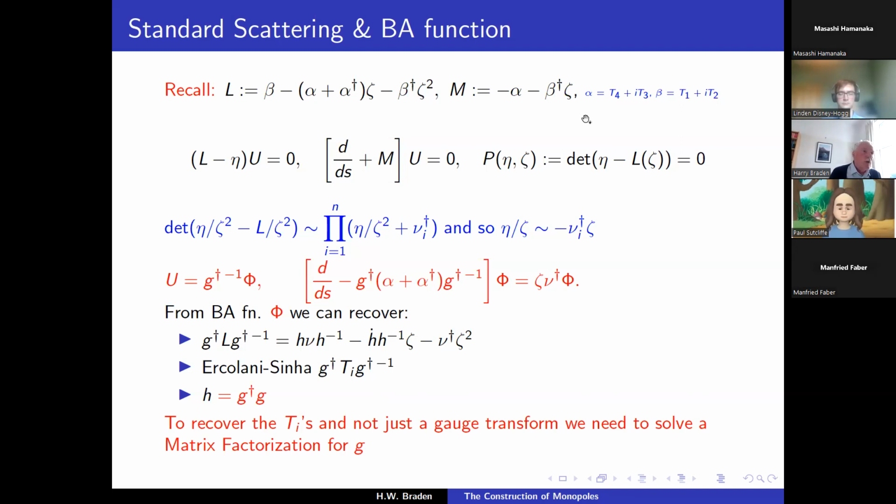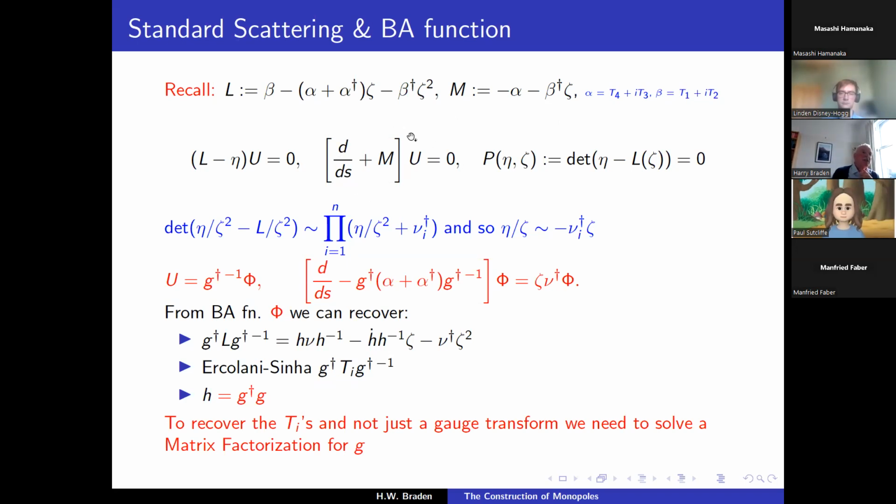Recall we had the Lax equation. How do I get this Baker-Akhiezer function? Well, it's going to be coming from a solution of the scattering equation. But we have to be able to solve the equation in a standard form, right? I'm wanting a singularity that goes like a constant times eta over zeta above these punctures. Now, the problem with the matrix M is that it's got coefficients in zeta that are s dependent.